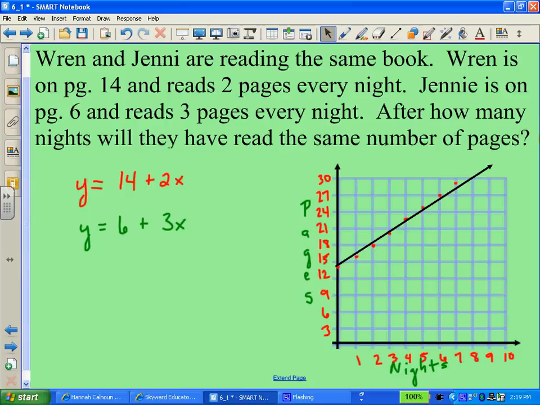You see my dots are a little bit off there, but I think that my line is the way that it should be.